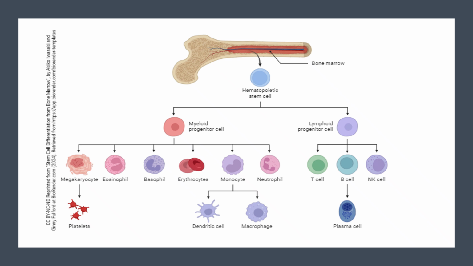Disorders in these areas can lead to various types of anemia. So leukopoiesis, the white blood cell production, and thrombopoiesis, which is the platelet production, are also crucial processes supported by the stem cell.